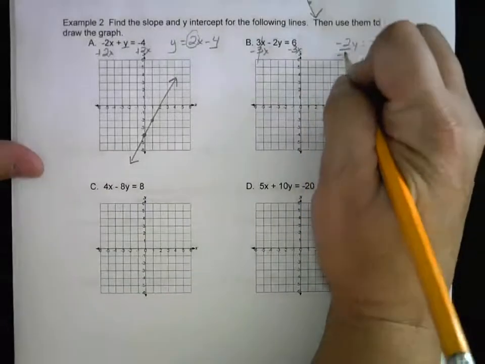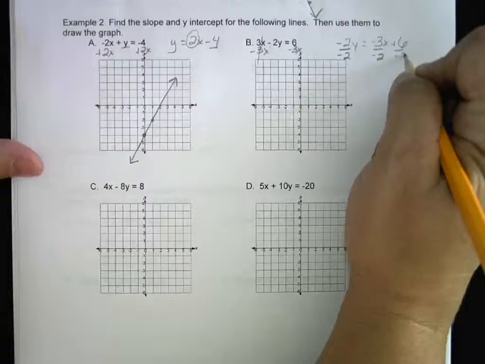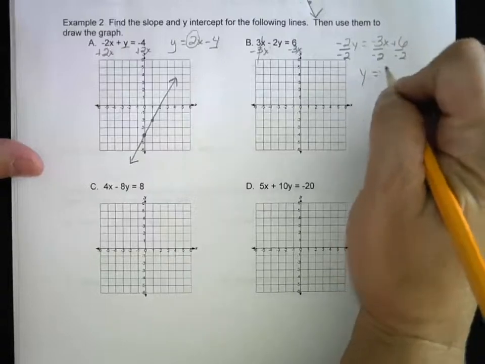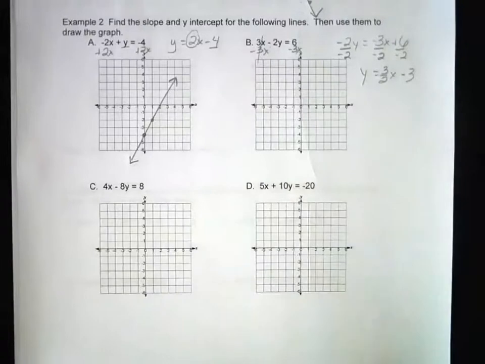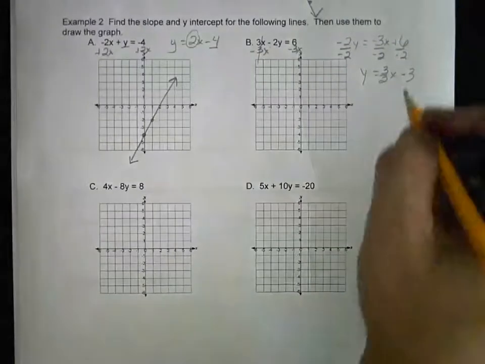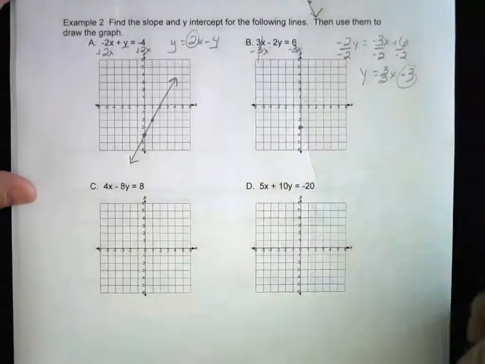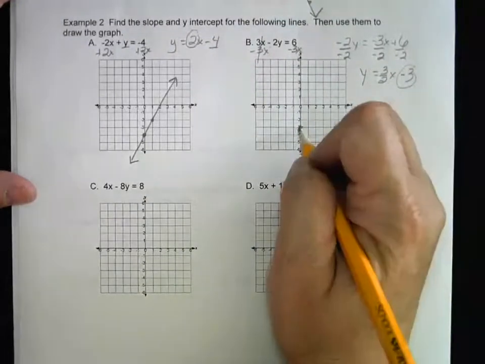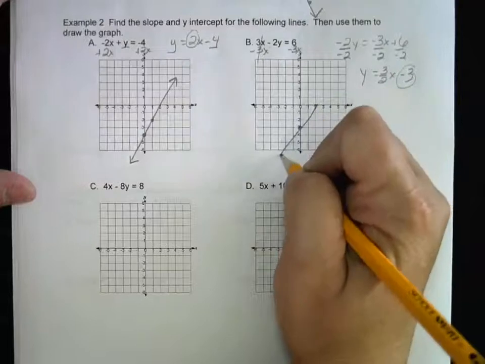Dividing everything by negative 2, you have y equals 3 halves x minus 3. Your y-intercept is negative 3. And from there you go up 3 and 2 to the right.